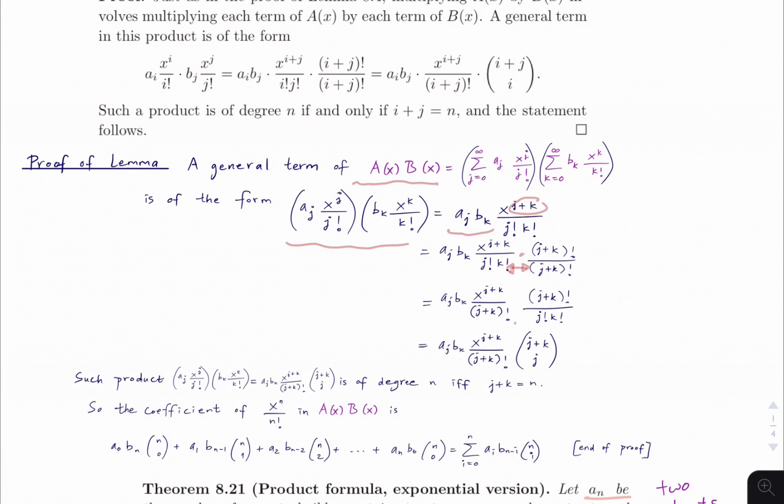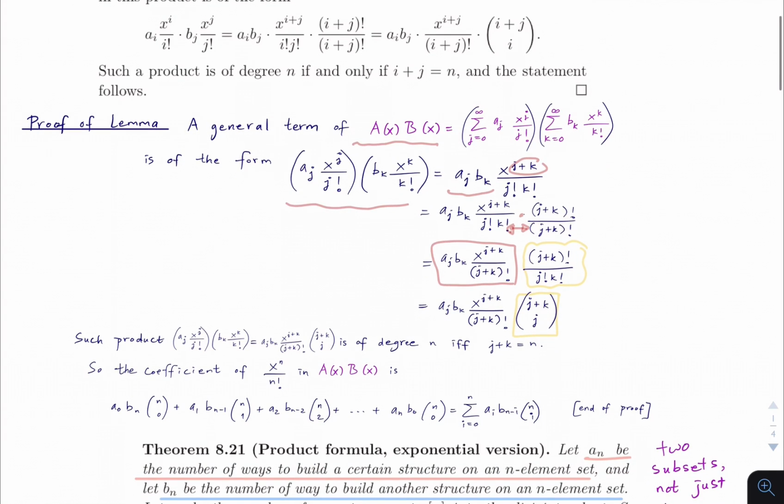So now I have this term times this other term, j plus k factorial over j factorial k factorial, which is exactly the same as the binomial coefficient, j plus k choose j. And this product would be of degree n if and only if j plus k is equal to n.